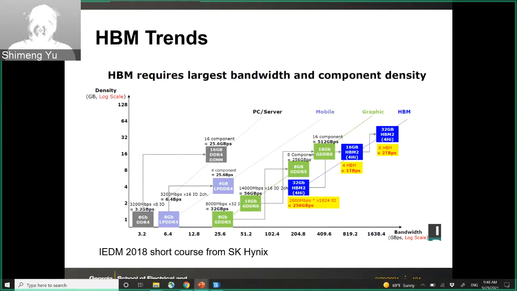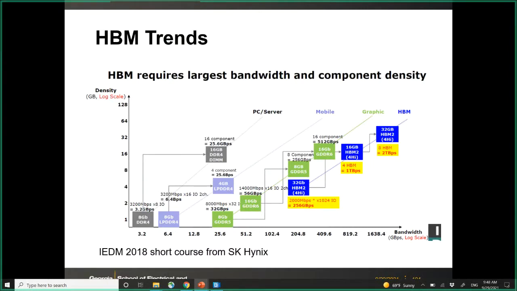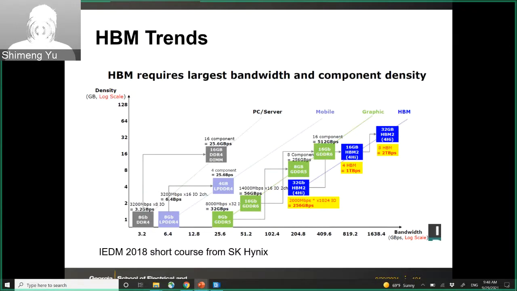If the DRAM cannot scale horizontally to 10 nanometer, then the only way to improve the system-level performance is through the HBM, by stacking more DRAM dies vertically, or making the number of I/O pins wider. Let's say having more bits accessed in parallel, so you can improve the bandwidth.